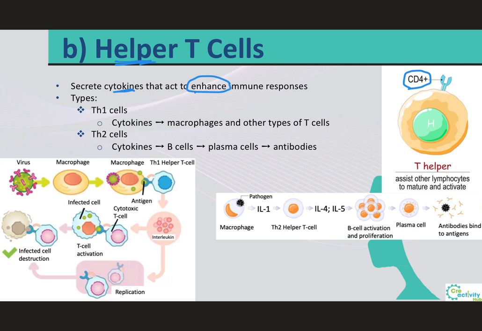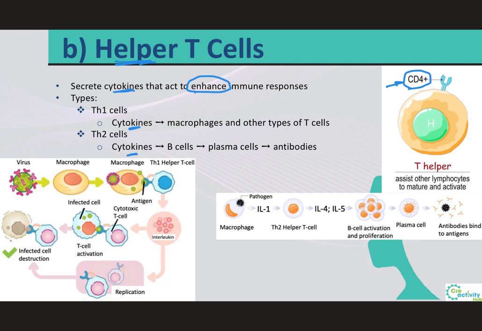These cells are not going to be distinguished by their surface molecules because, like I said, both will express the CD4 molecule, but they will be distinguished by the characteristic set of cytokines that they secrete, and these cytokines are the ones that will determine which cells they will help.